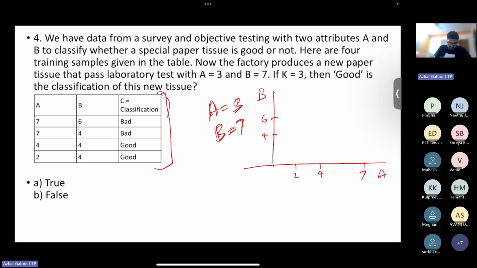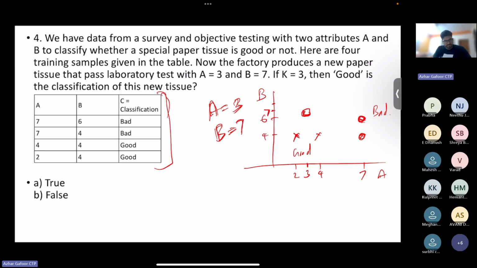So we have data points (7, 7), (7, 4), (3, 4) and (1, 4). Two of these are bad and two are good. Now we have a new data point at A equal to 3 and B equal to 7. So it will be somewhere here.